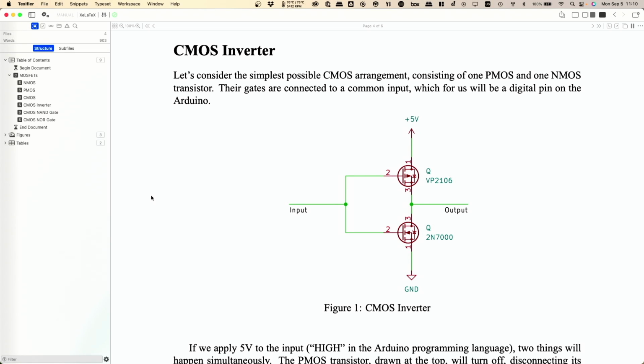So what's this one? The 2N7000. That's our NMOS. Those are in the bags, and I think I labeled them FET and then N, for field effect transistor and then the N type. I really should have labeled them all NMOS. I don't know what I was thinking that day. So you'll need one NMOS and one PMOS. Now, be very careful because they look identical.